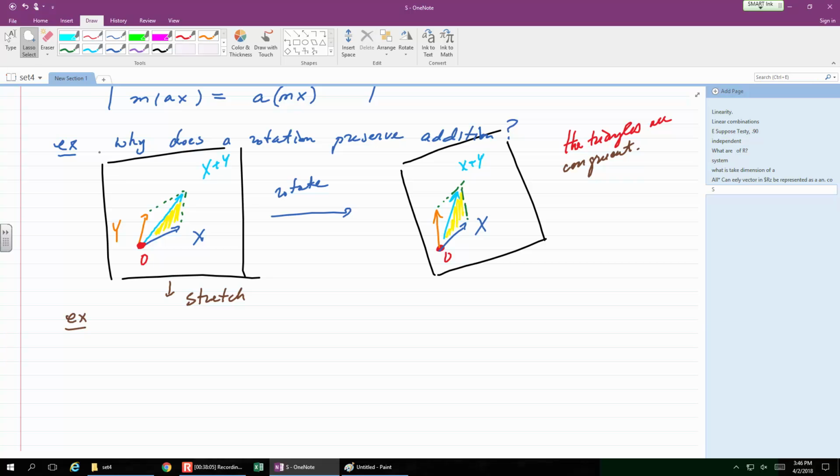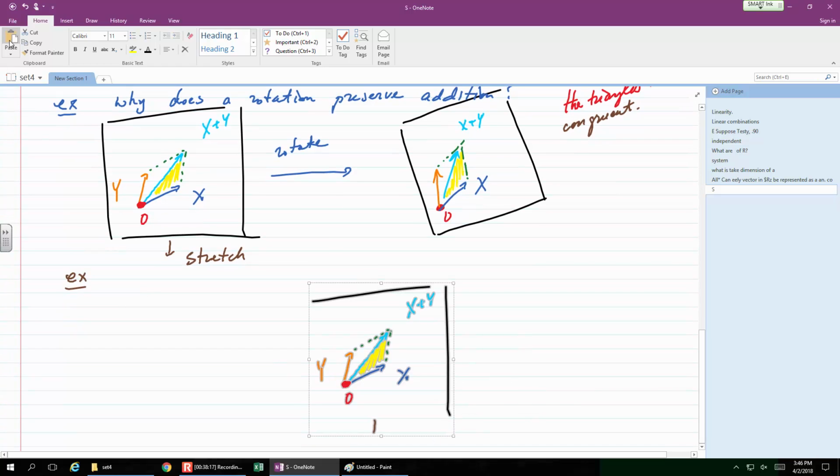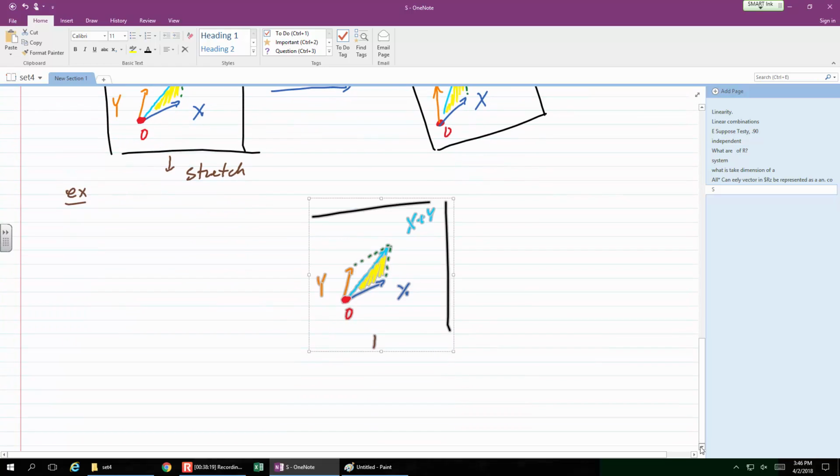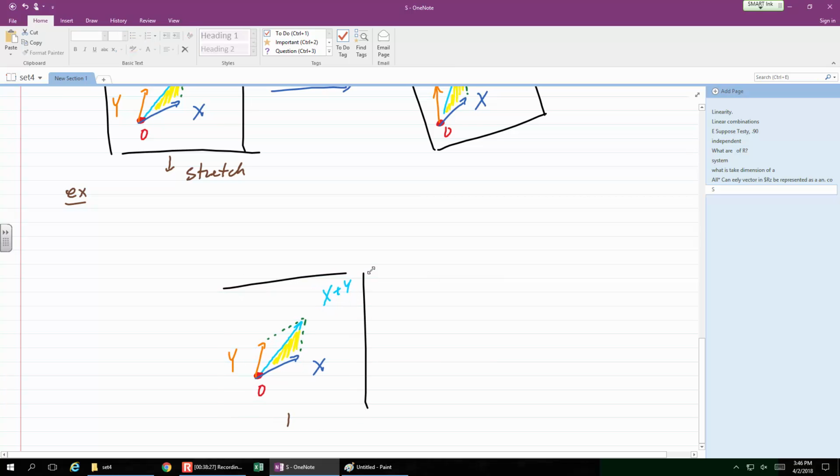So I take this, copy, and paste. Now I'm going to be stretching it. I'll try to stretch it exactly by 2. Tell me if I'm doing it right.